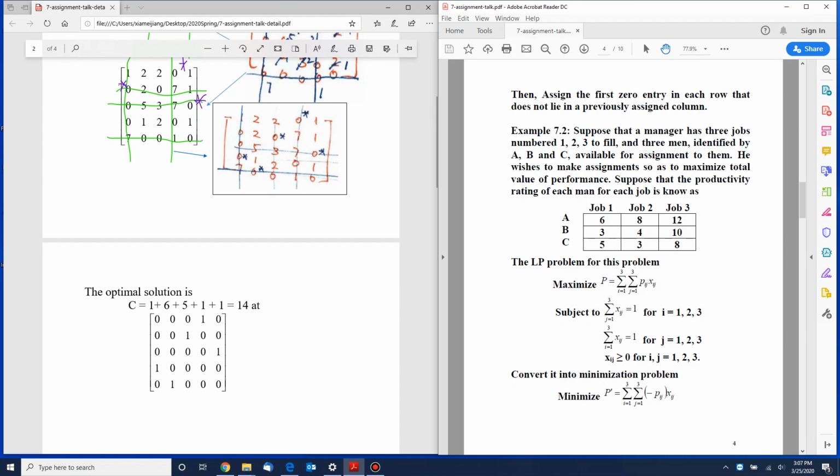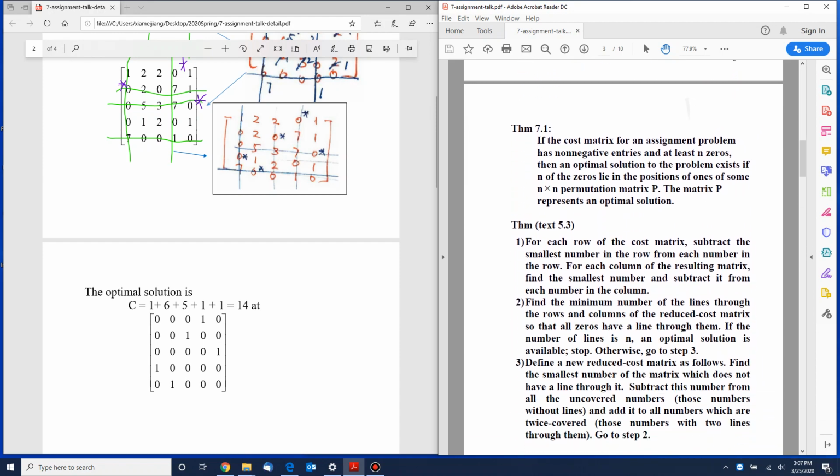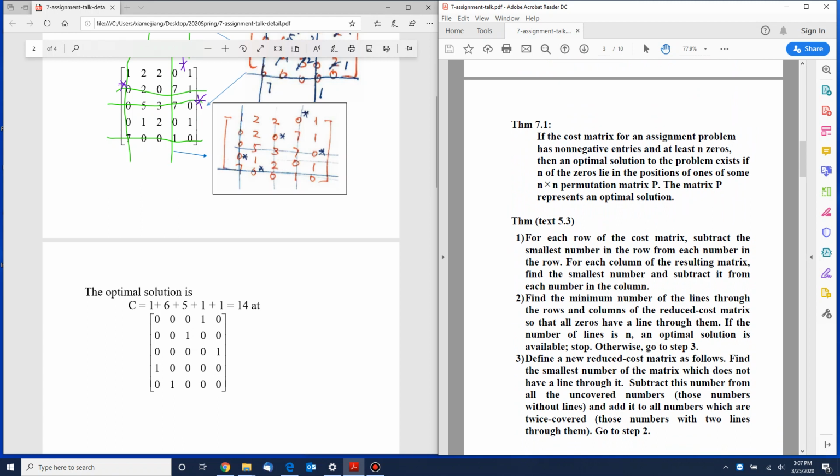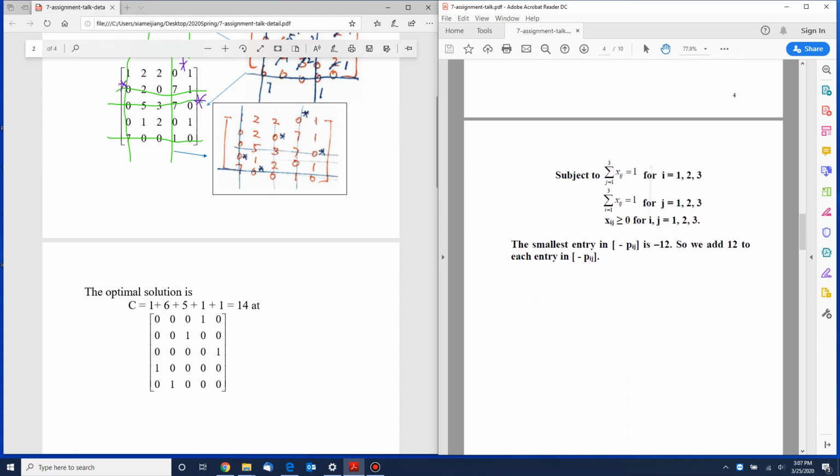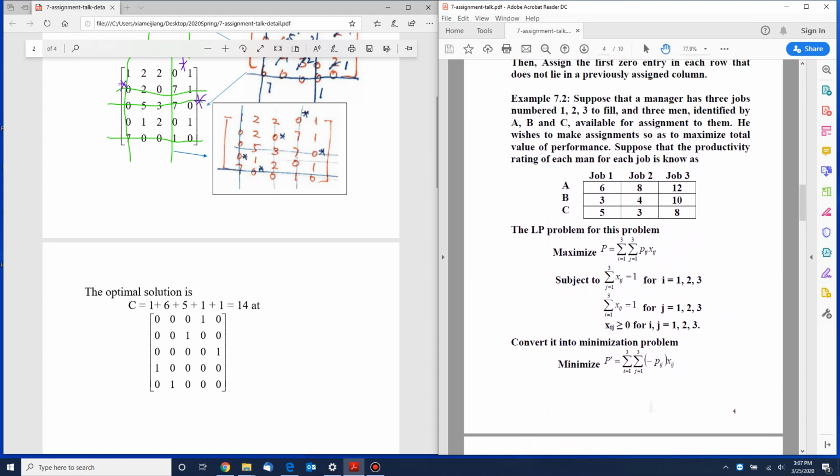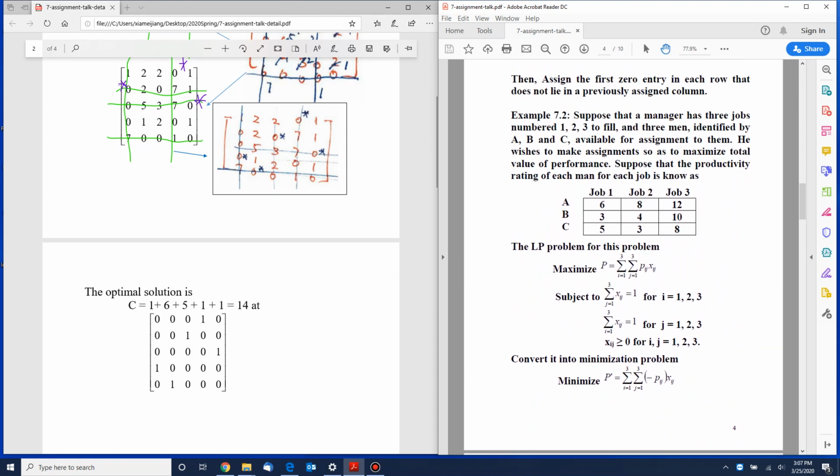Because if you go back to read Theorem 7.3, the cost matrix for an assignment problem has non-negative entries, but when you make up the performance matrix, all the entries are negative, right?